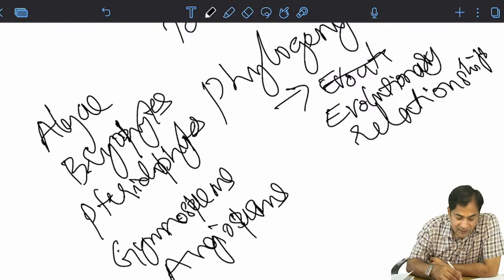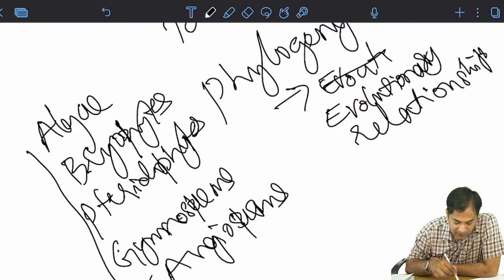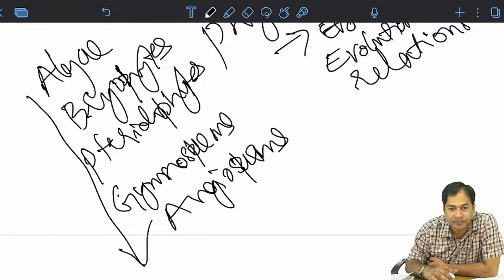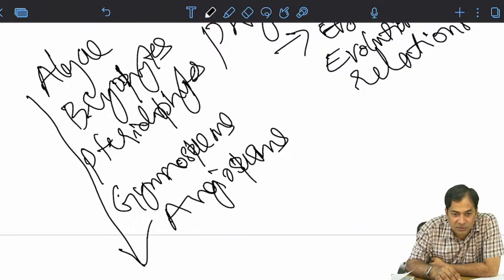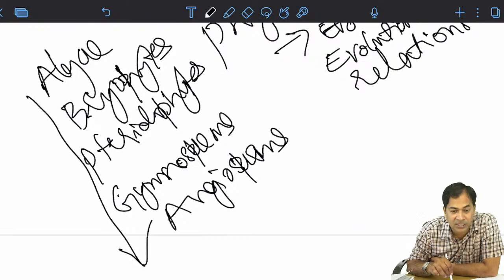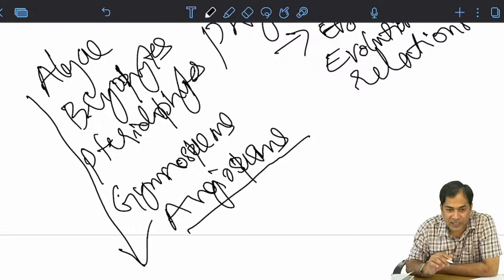Why have they arranged all these in this order only? That is because algae came first on earth, then bryophytes came, then pteridophytes, then gymnosperms, then angiosperms. So angiosperms are the latest ones.